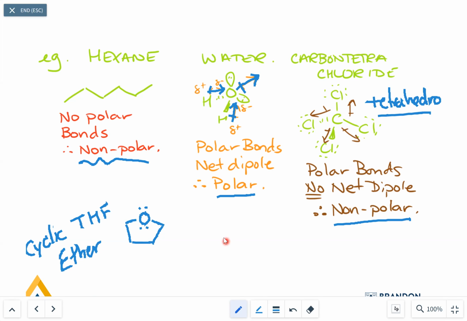So it's basically a tetrahedron. We can draw this sort of like we drew the water. So it's going to have a slight dipole, basically in this direction. So it's a slightly polar molecule.